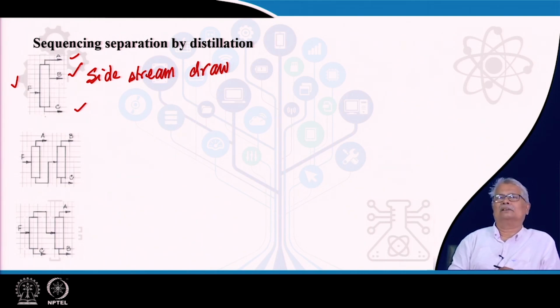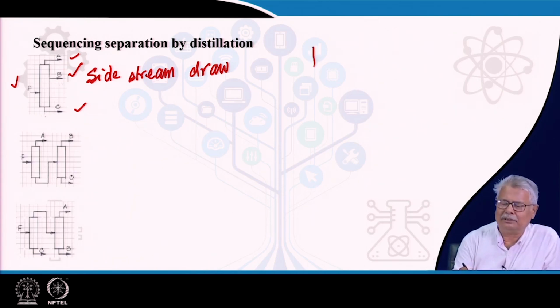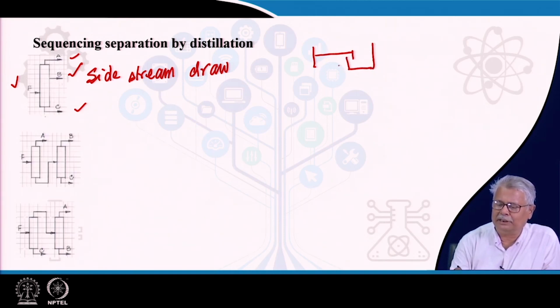One thing you must remember is that the quality of B depends on how much you draw as a side stream. From the side stream draw tray, if this be your side stream draw tray, which I am drawing here, the side stream will be drawn here, and whatever you do not draw will be falling here as an internal reflux.